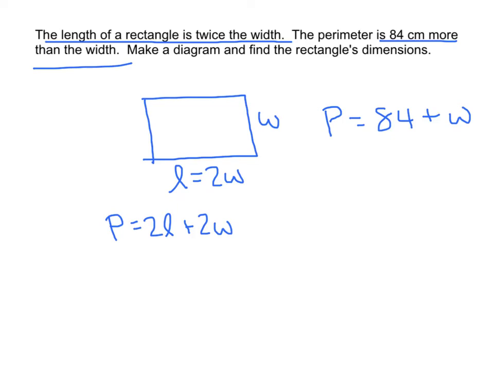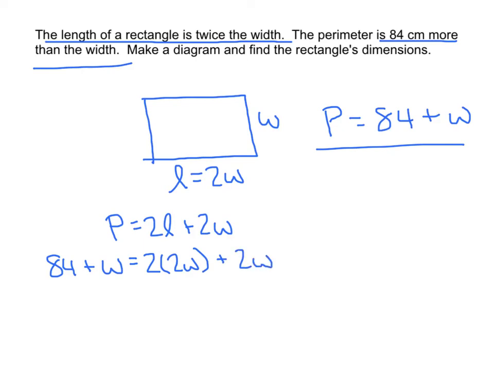Since the perimeter is equal to 84 plus W, from here, I'm just going to substitute 84 plus W for P. Here, L is equal to 2 widths, so I'm going to substitute 2W for length, and W is just W, so that stays. So now combine your like terms. We have 84 plus W is equal to 4W plus 2W. Combine your like terms, isolate your variable, and again, you should be able to find the rest of the answer.